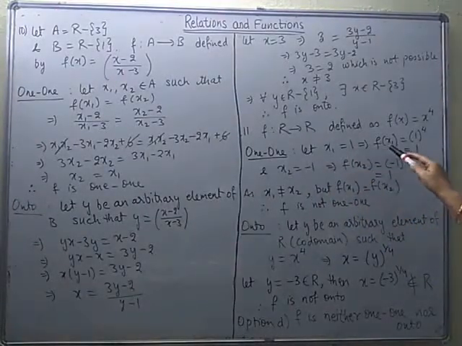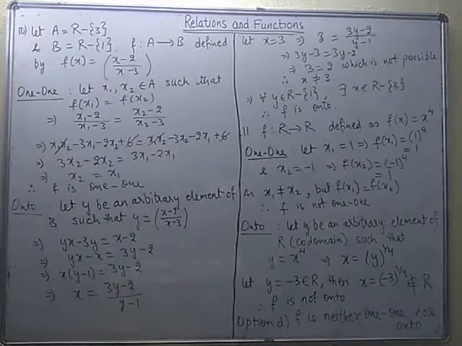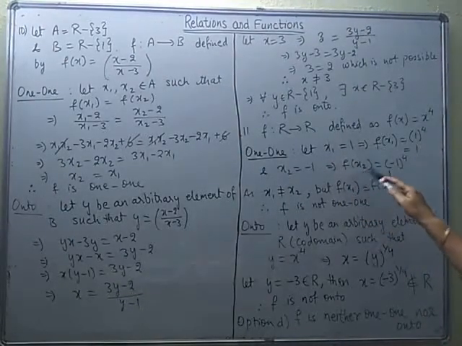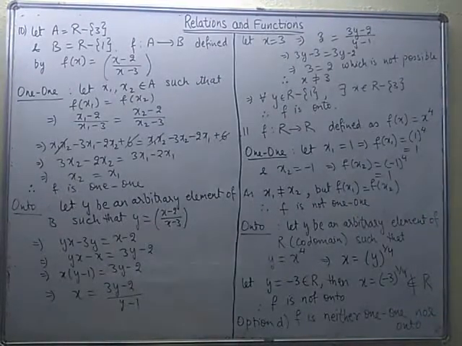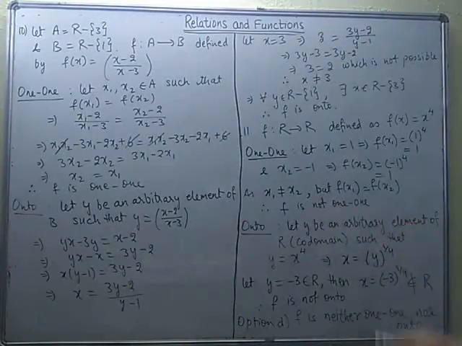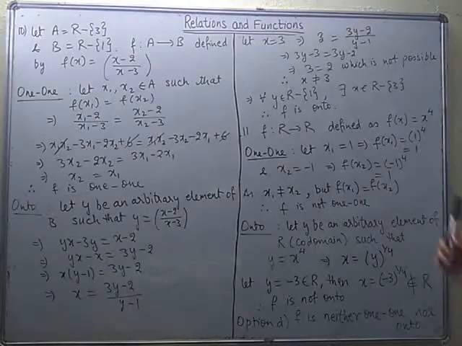So the image of x1 will be f(x1), which will become x1 to the power 4, that means 1 to the power 4, which is 1 only. And replacing x2 by minus 1, its image f(x2) will be (minus 1) to the power 4, which again comes out to be 1. So we can very well see x1 and x2 are not equal, but their images are equal. So this is not a one-one function. This is a many-one function. Two real numbers are having the same image.